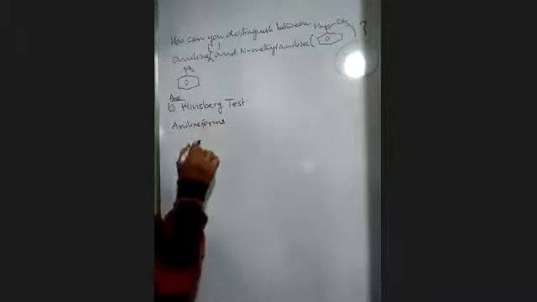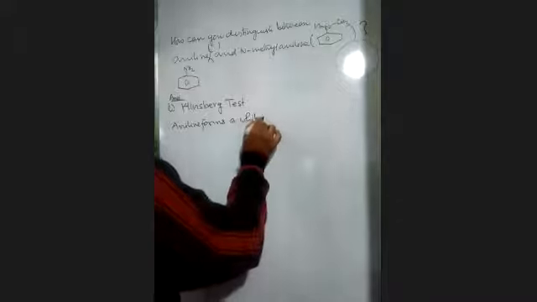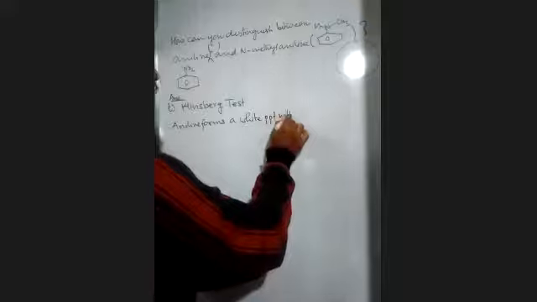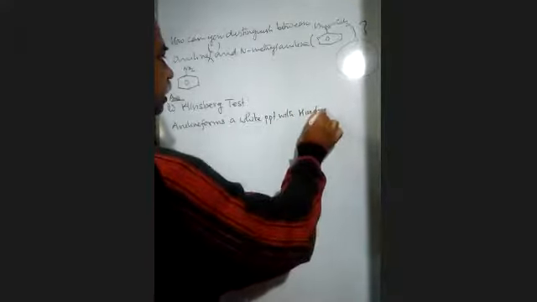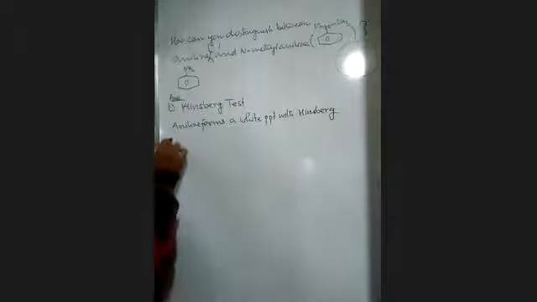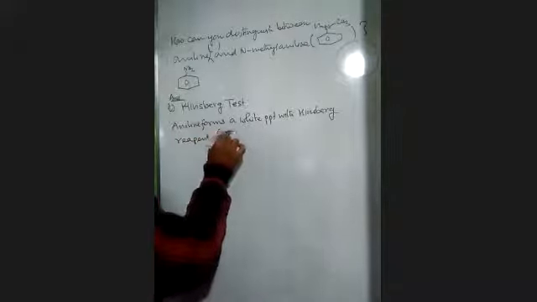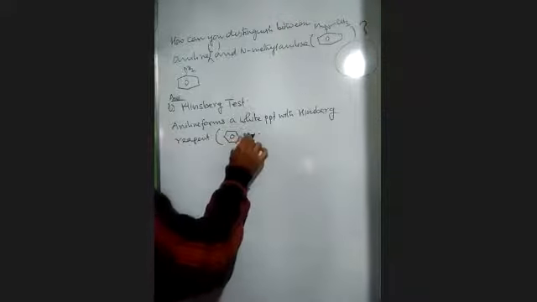Aniline forms a white precipitate with Hinsberg reagent. What is Hinsberg reagent? Hinsberg reagent is C6H5SO2Cl.